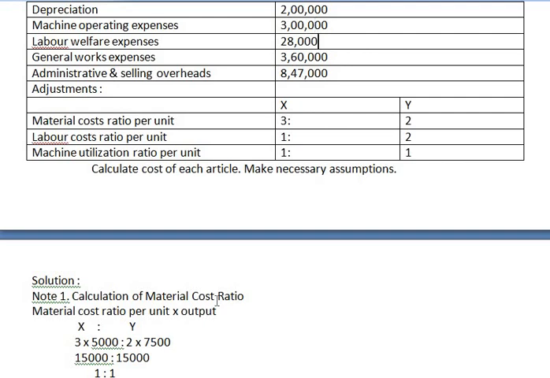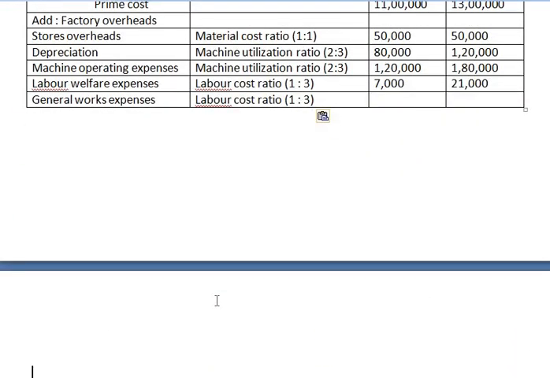General work expenses 3,60,000. So distributed, that will be 90,000 and 2,70,000. Okay.